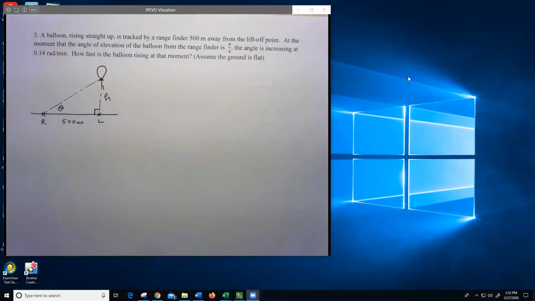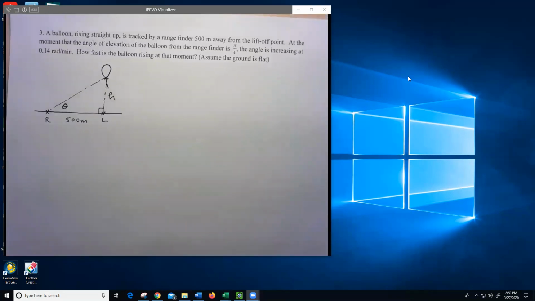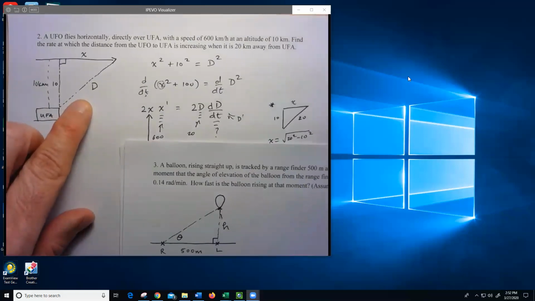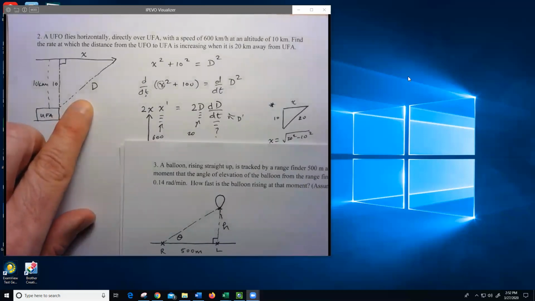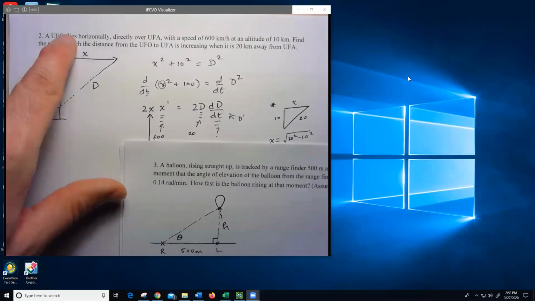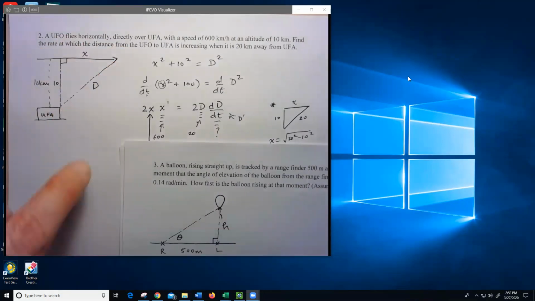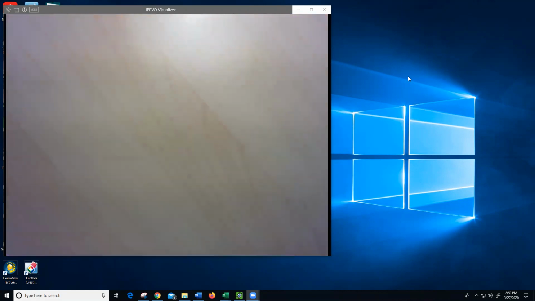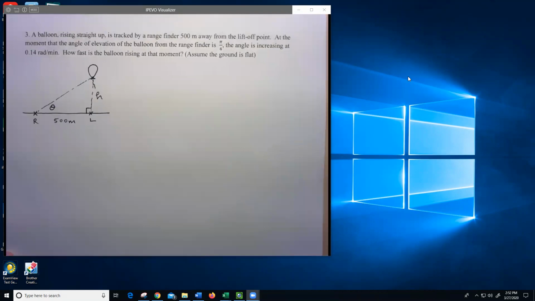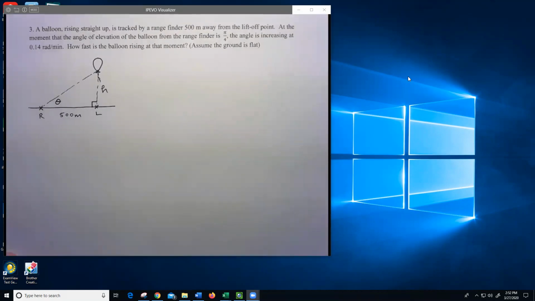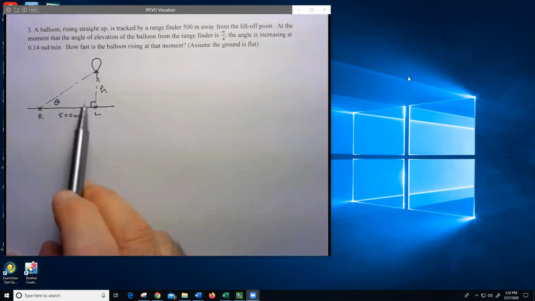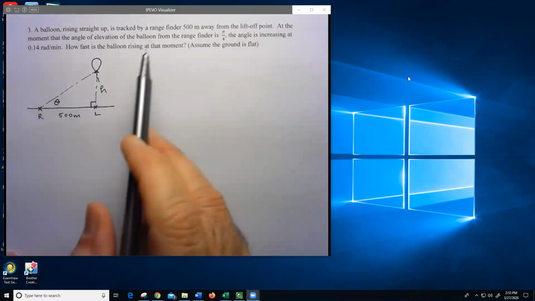So when I look back at number 2, you notice I didn't put the 20 on my diagram because that's representing a particular moment in time. What my diagram has to represent is a general scenario, okay? That's going to be very important when you're drawing some of these other diagrams, okay? So let's make sure that at this point, my diagram, these do not have to be the same, okay? Will they be the same at exactly pi over 4?